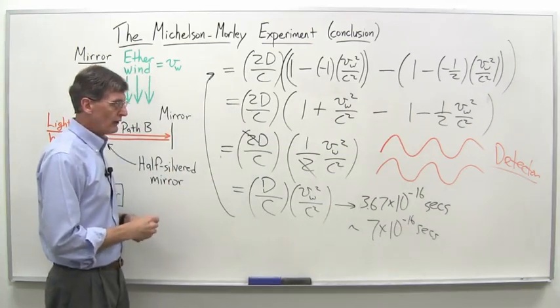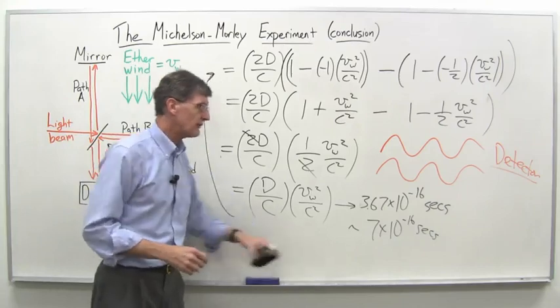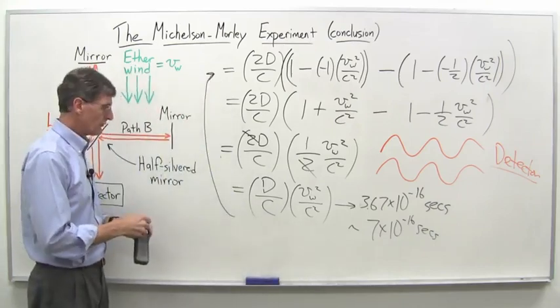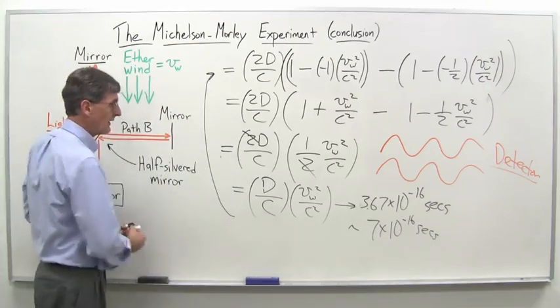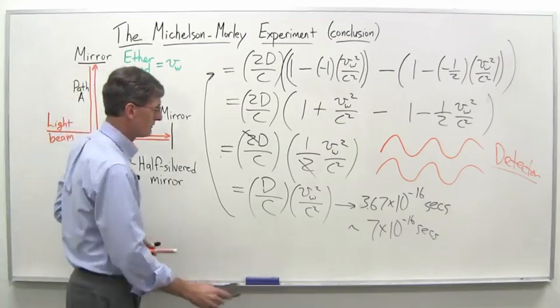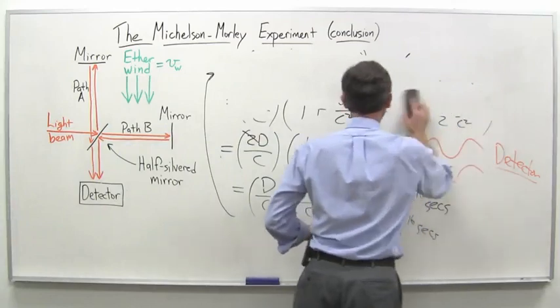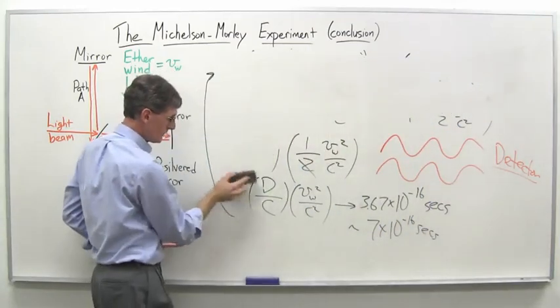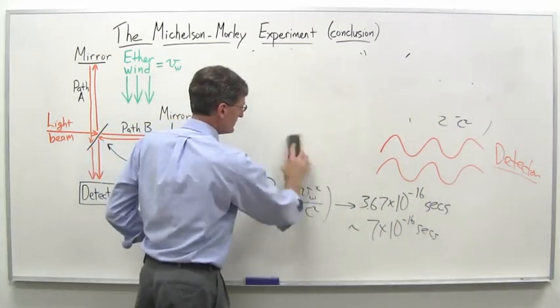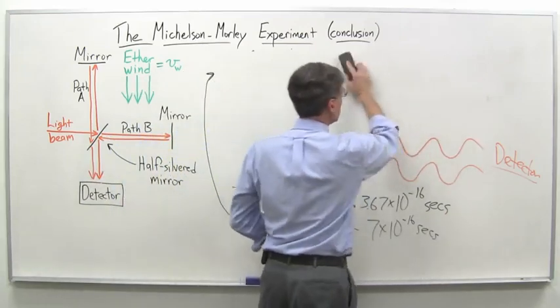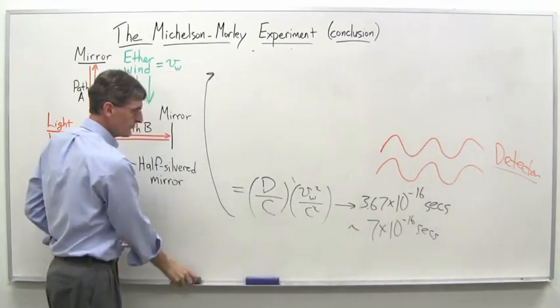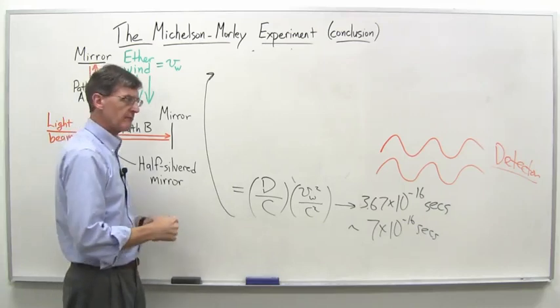Well, it turns out that the light they were using was sodium light. And for sodium light, let's erase some of our analysis here now. We don't need this. We've got our final answer down here. So here's our final answer for delta T, the time difference there, 7 times 10 to the minus 16 seconds.